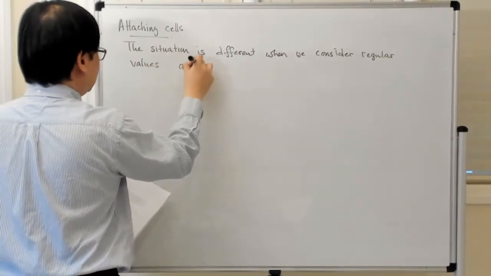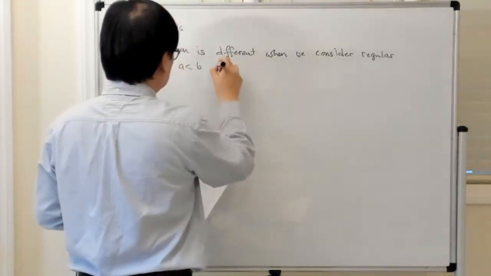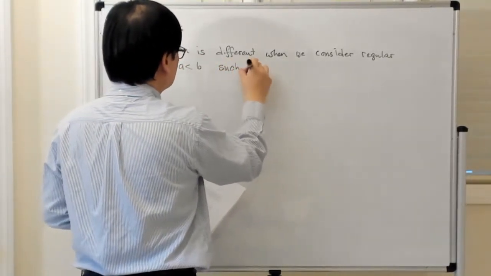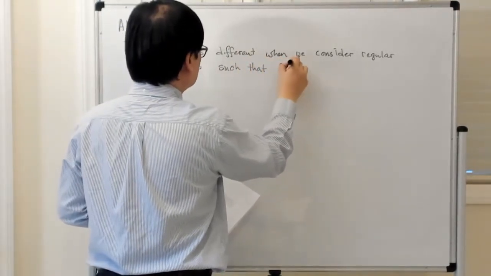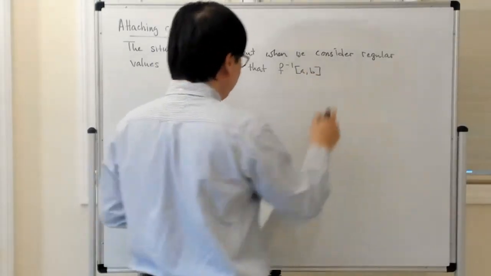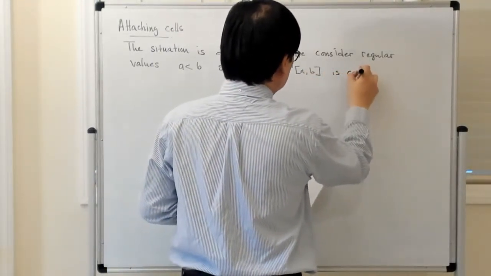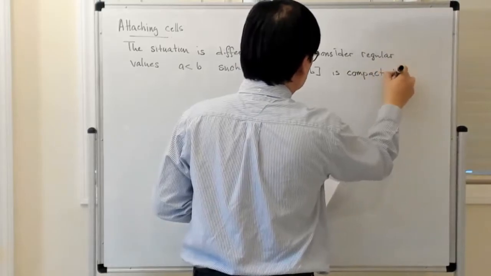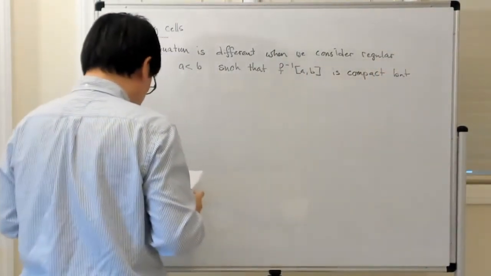Say a less than b, such that the preimage of the closed interval from a to b is compact as before, but it contains one critical point of f.